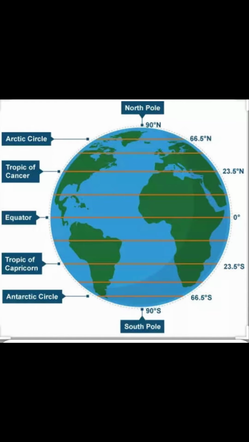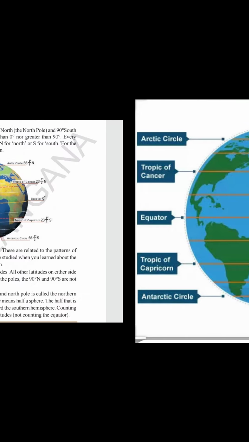Remember children, we have two hemispheres here. Hemisphere means half sphere, half of the globe divided by the equator: the northern hemisphere and the southern hemisphere. Altogether, we have 180 degrees of latitudes, 90 towards the north and 90 towards the south.